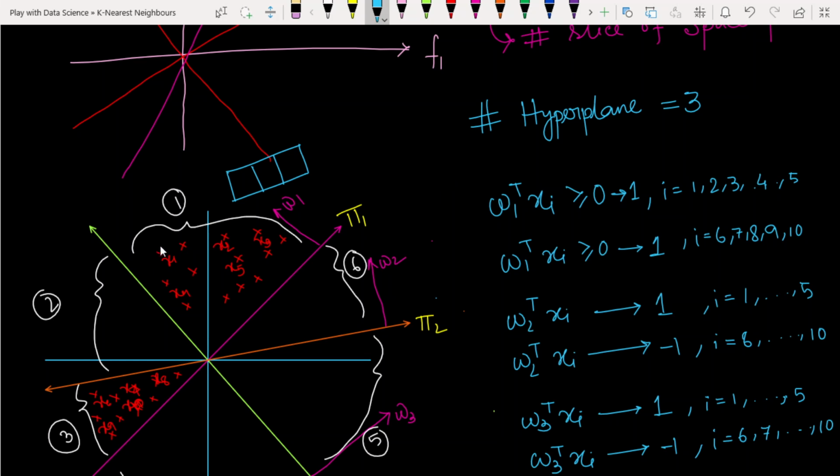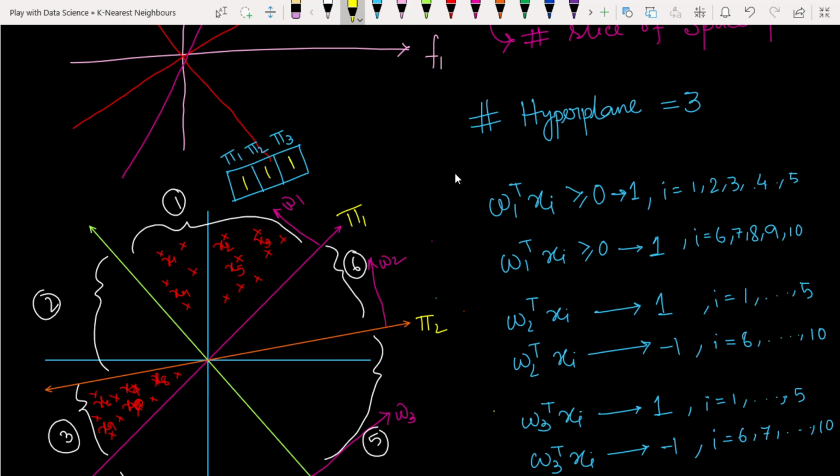So in this chunk how many points? 1 to 5. So just see. This first value is for the pi 1 plane, this value for the pi 2 plane, this value for the pi 3 plane. For the pi 1 plane this value is 1, and for the pi 2 plane this value is also 1, and for the pi 3 plane this value is also 1.